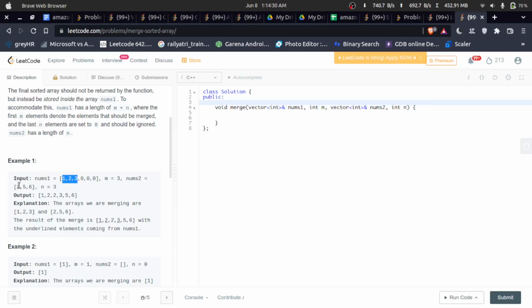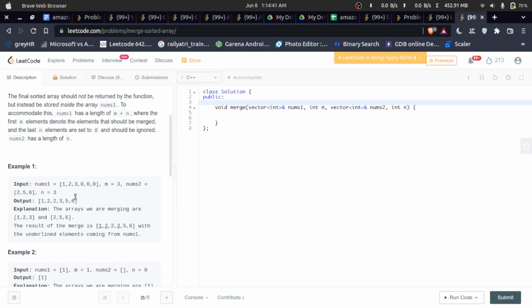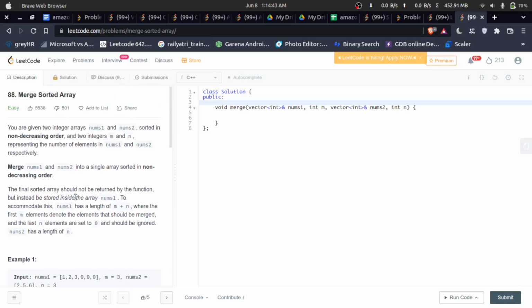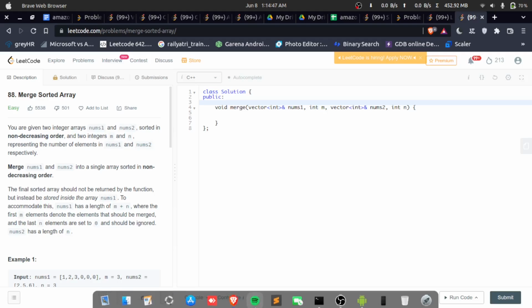So nums2's size is 3, and we have to merge them. After merging I'll find 1 2 2 3 5 6. So I am trying to solve this problem. Let's see how I am approaching it.